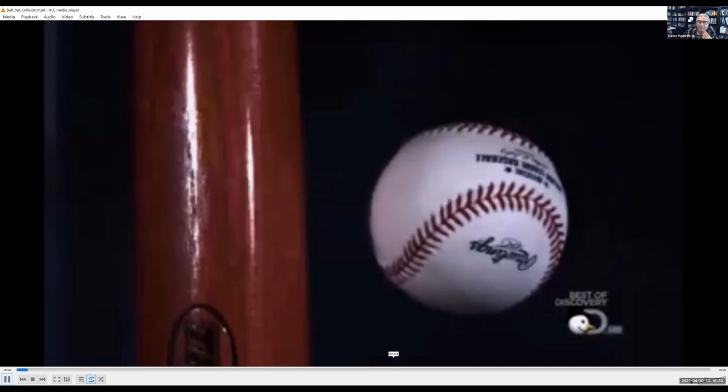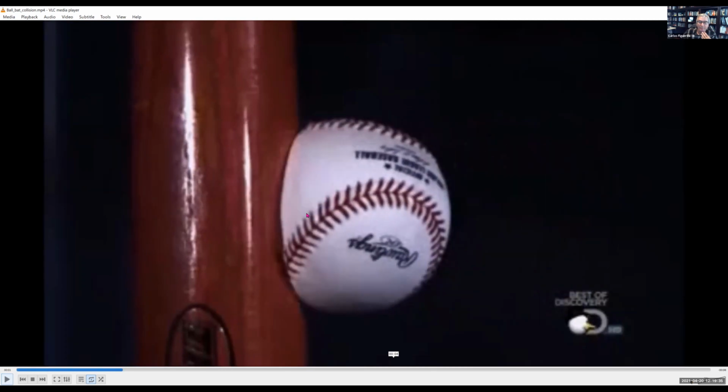So I'm assuming that you are seeing my video right now. One of the things that you want to look at here is what happens to the ball as it interacts with this bat. Okay, so check it out. Here we go. Look how the ball is being deformed.